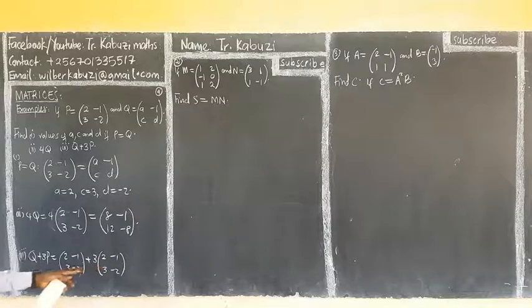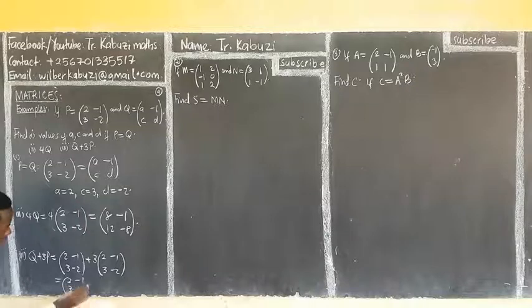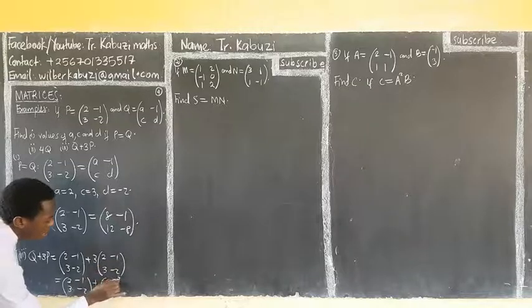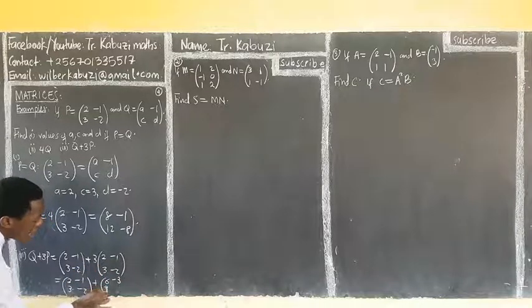We first simplify this. If you multiply 3 into there, we shall have 6, negative 3, then 9, then negative 6.